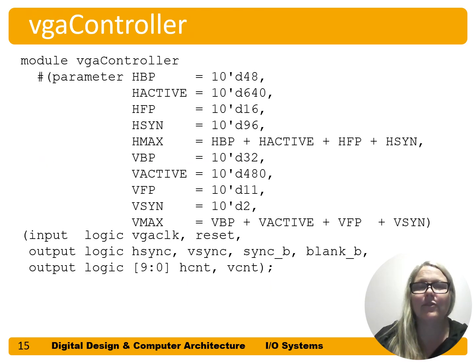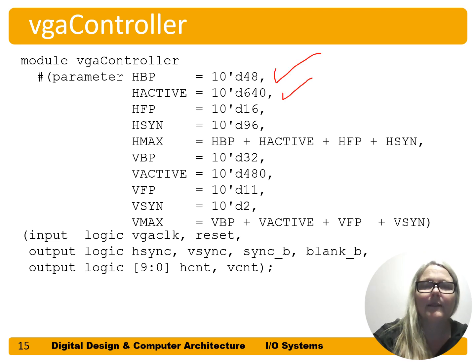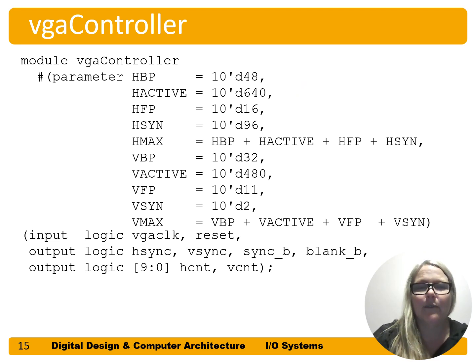So here's a VGA controller. Again, I'm just showing it to you for your interest, but you know, really you're not going to change it. You can see that it shows these different values: the horizontal back porch, the active pixels, the horizontal front porch, the horizontal sync, and the total.